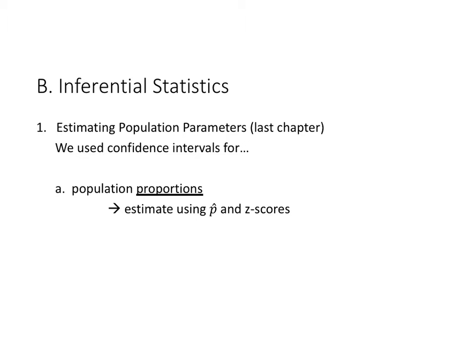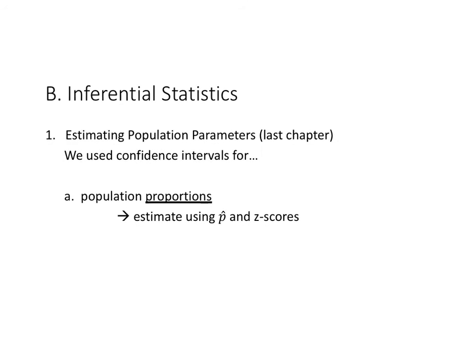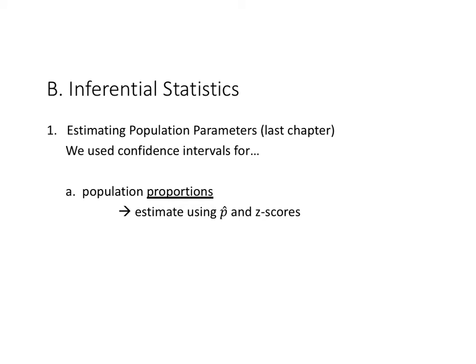And so last chapter we did that by estimating population parameters, like a population mean or population standard deviation. We created a confidence interval to get that estimate, that range of values. With population proportions, you would estimate using your sample proportion, and then you had to use z-scores.